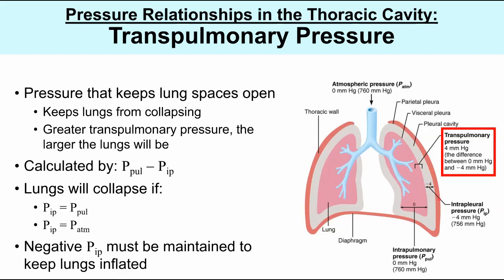If the intrapleural pressure becomes the same as atmospheric pressure, say there's been some sort of accident or injury with a puncture to the parietal pleura, that means air from the outside world is now exchanging with air in this intrapleural space. Whatever the pressure is outside is going to be the same as the pressure here, and therefore that's going to promote the lungs to collapse. So the big point here is that it's very important that we maintain this negative intrapleural pressure in order to keep the lungs inflated.